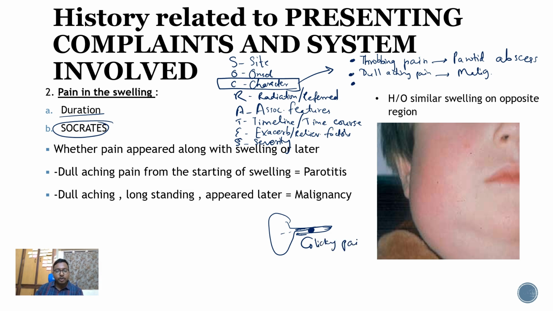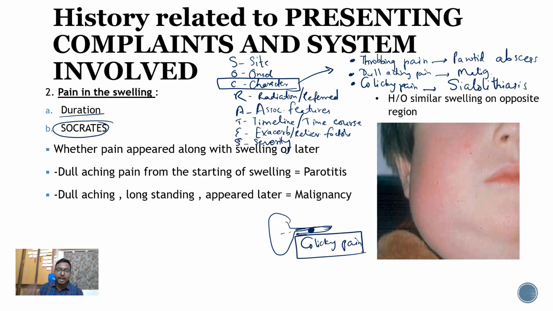Colicky pain. So the patient will tell, typically, of intermittent crescendo-decrescendo type of pain. Where will you see this colicky type of pain? It is sialolithiasis.